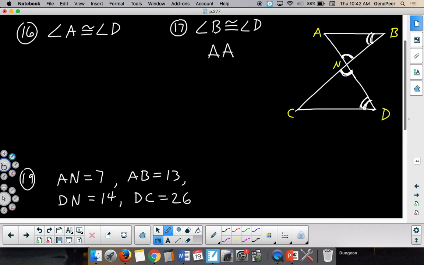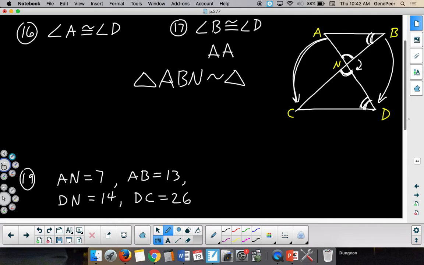Now, to state the similarity, let's call the first triangle ABN again. Now we have to figure out who matches up with who. Well, this time, B matches up with D, unlike number 16. N, of course, matches up with itself. Therefore, A must match up with C. So for this guy, if I call the first triangle ABN, what matches up with A?